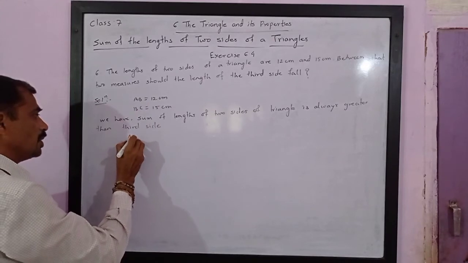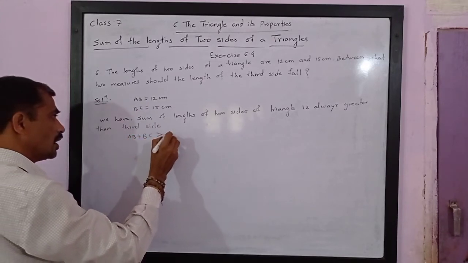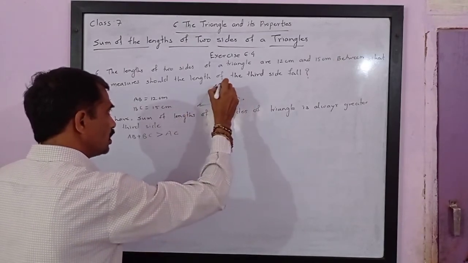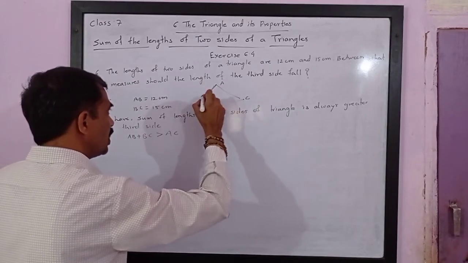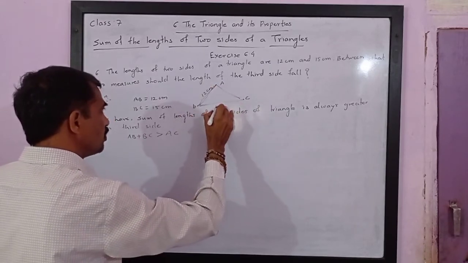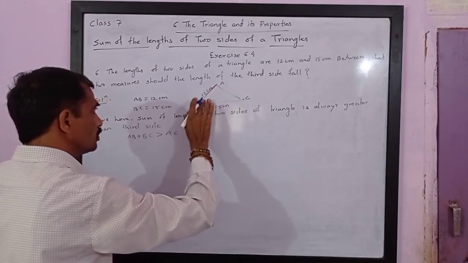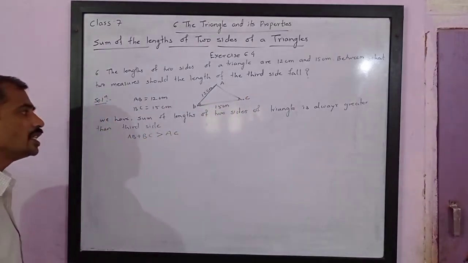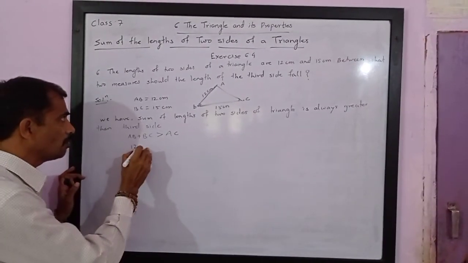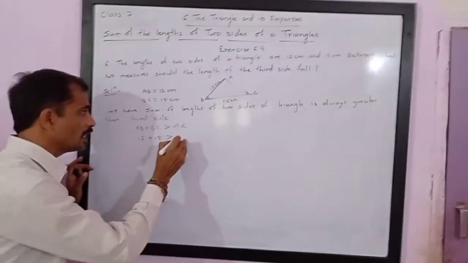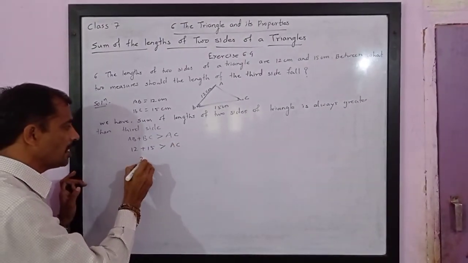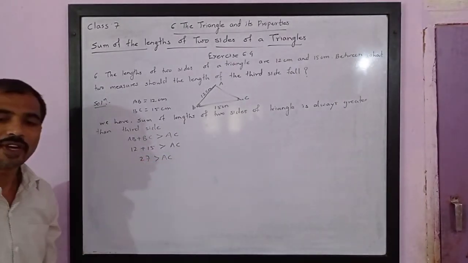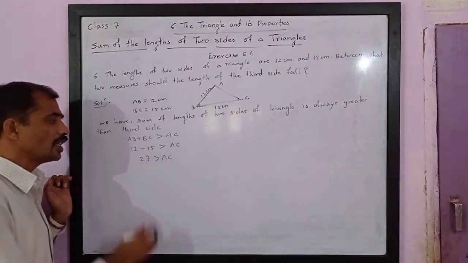Means AB plus BC is always greater than AC. So in triangle ABC, AB is 12 centimeters and BC is 15 centimeters. We have AB plus BC is greater than AC. It means 12 plus 15 is greater than AC, so 27 is greater than AC. It means AC is smaller than 27.